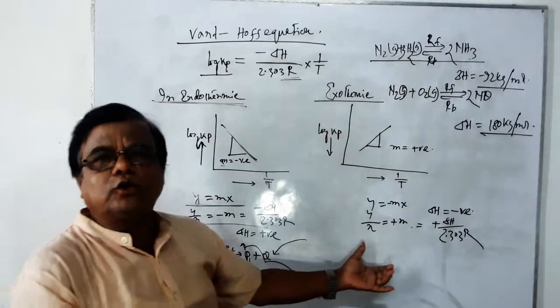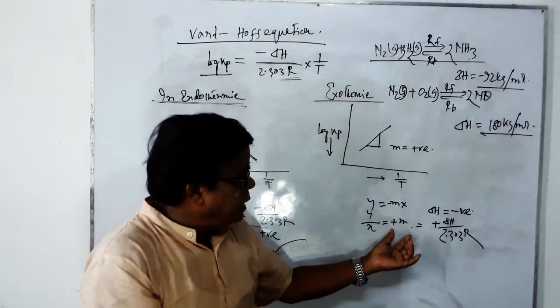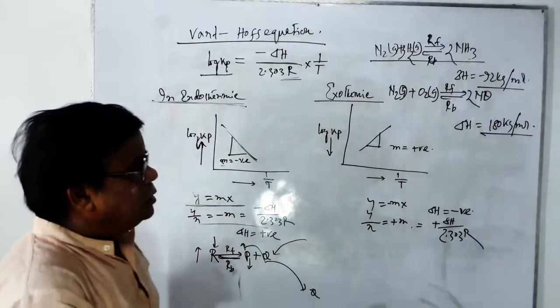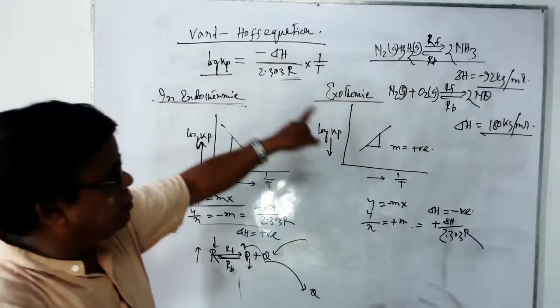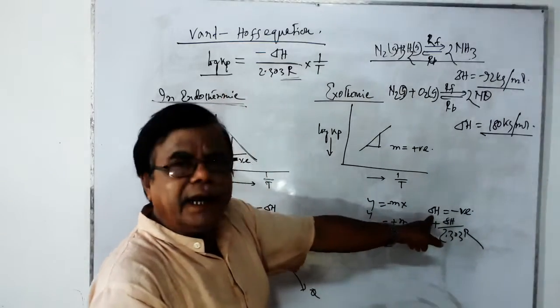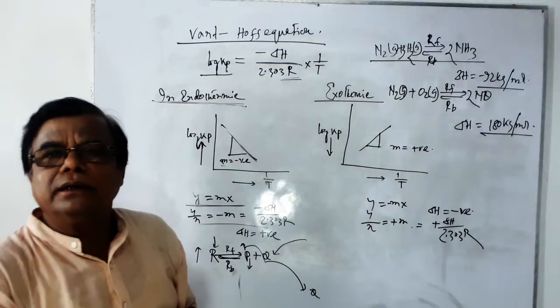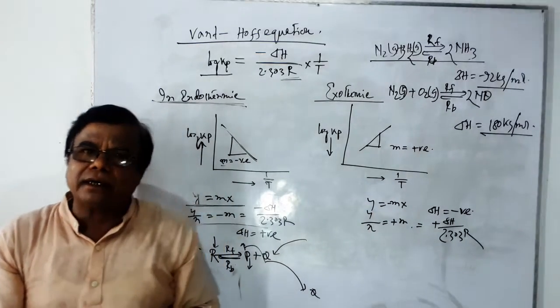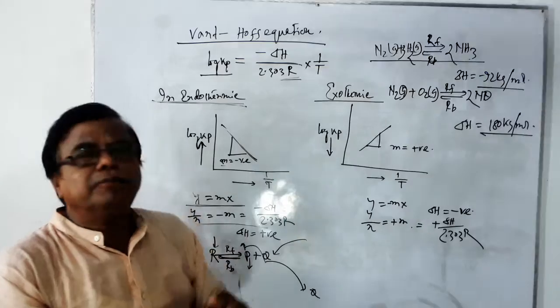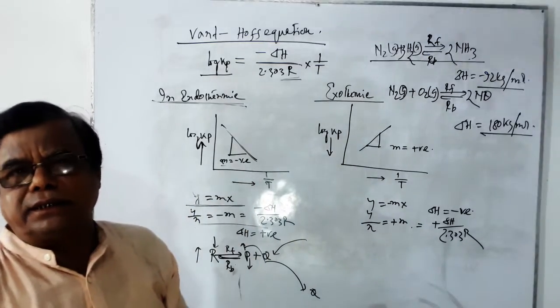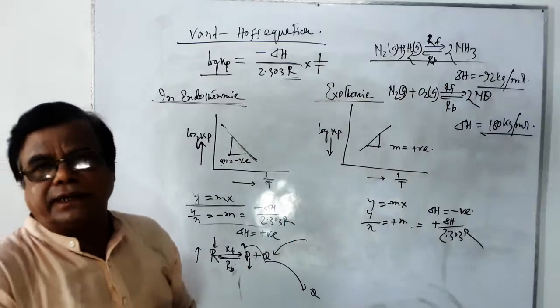In the case of an exothermic reaction, where the slope is positive, if we put in the value of ΔH, it will be plus ΔH divided by 2.303 R, and the graph will be positive, and Kp also decreases with the increase of temperature.